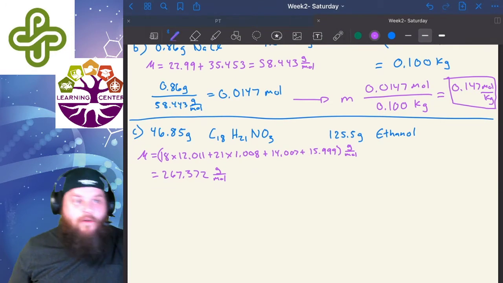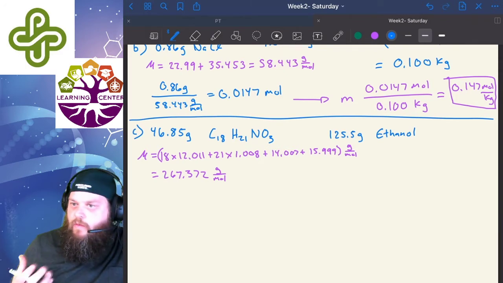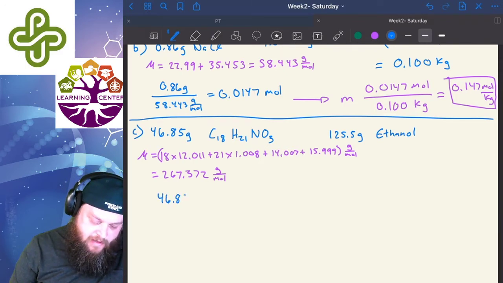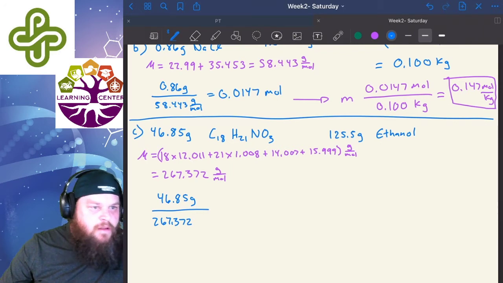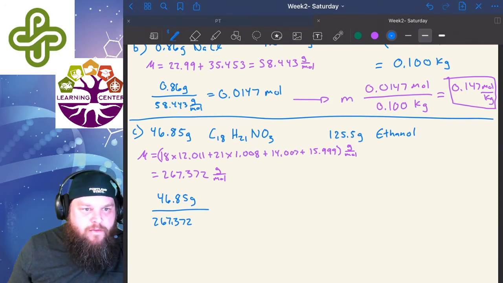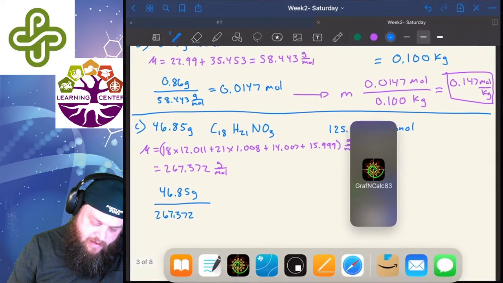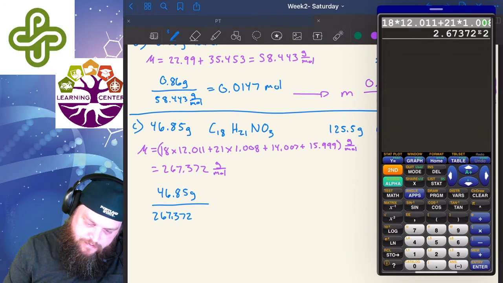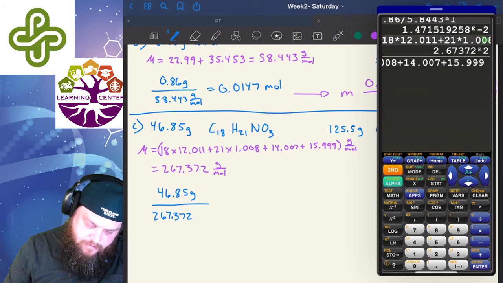Okay, so now we have our molecular weight of the codeine. We have to find the moles of that. So we can take that 46.85 grams divided by 267.372. There it is. Something is off from what I had written down previously. Let me check that math real quick. Aha.